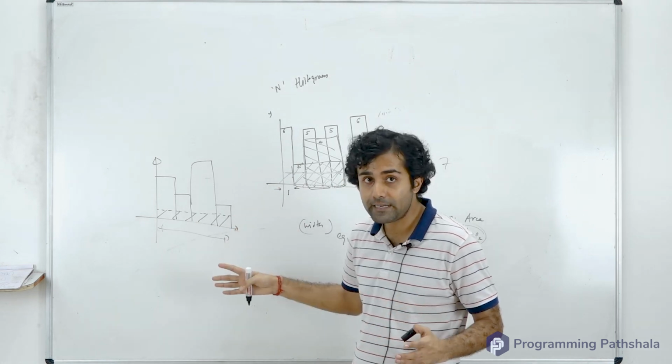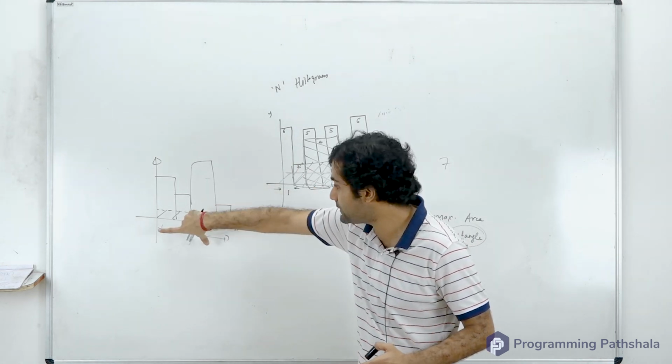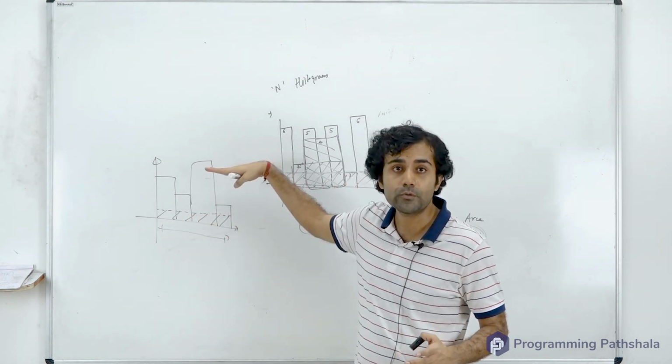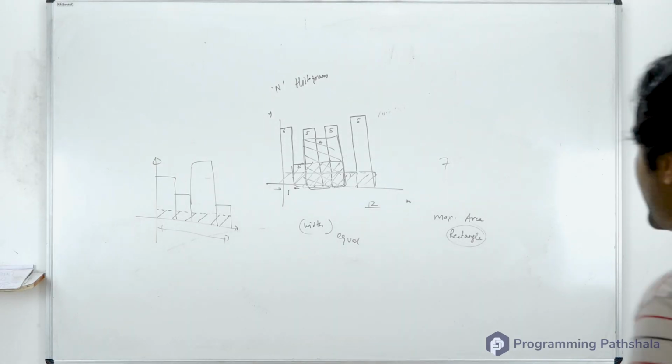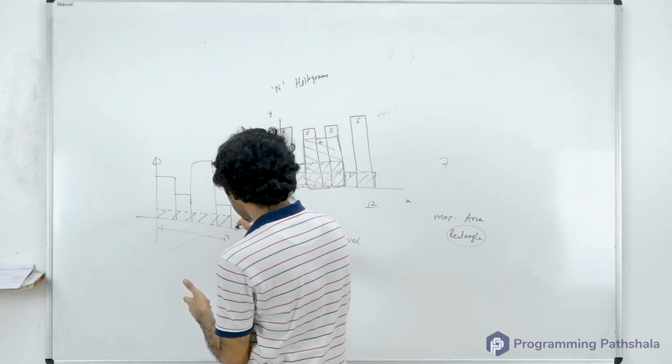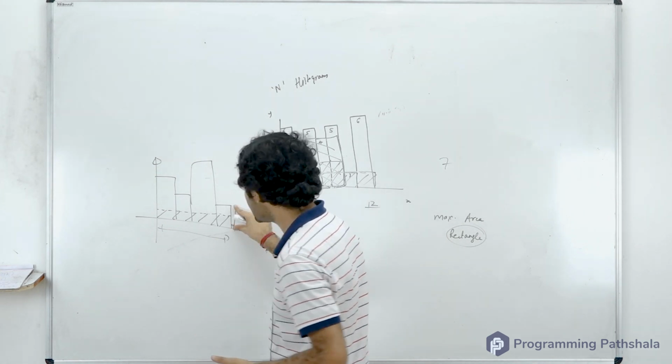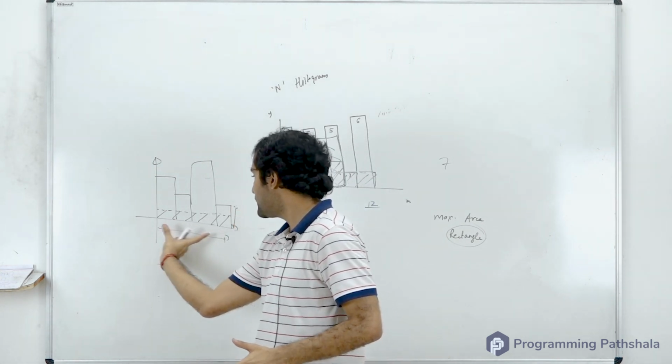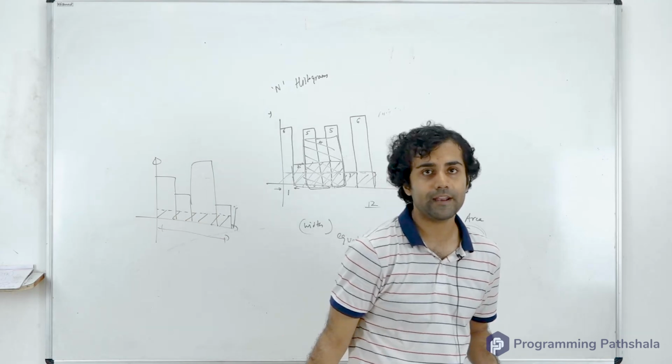If there is possibility for you to grow in height keeping the width same, why won't you grow, right? For this particular width, why have you chosen just this much of height? You can choose this much of height also. But this is the maximum height that you can choose for this much of width, right?